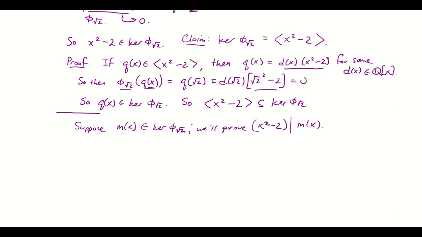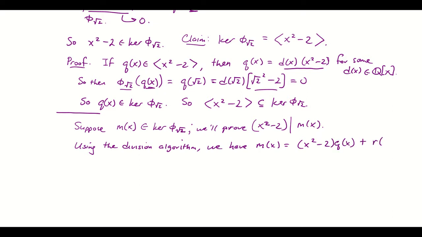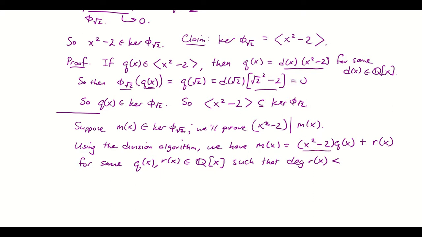Okay, so to do this, let's use the division algorithm. We have m of x equals x squared minus 2 times some q of x plus r of x for some polynomials q and r such that the degree of r of x is smaller than the degree of the thing that we were dividing by, and that degree is 2.